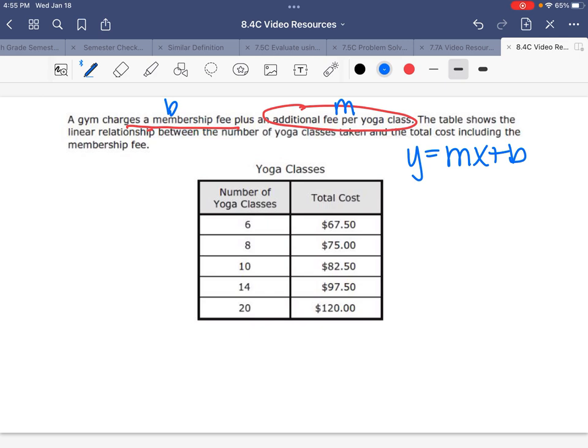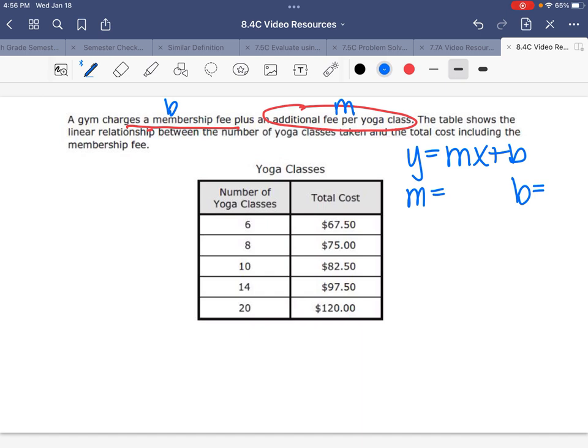And the table shows this linear relationship between the number of classes and the total amount I'm spending. And we want to find what m, that slope, that rate of change is, and what b is. But we also want to make sure that we interpret them. So I want to work smarter, not harder.